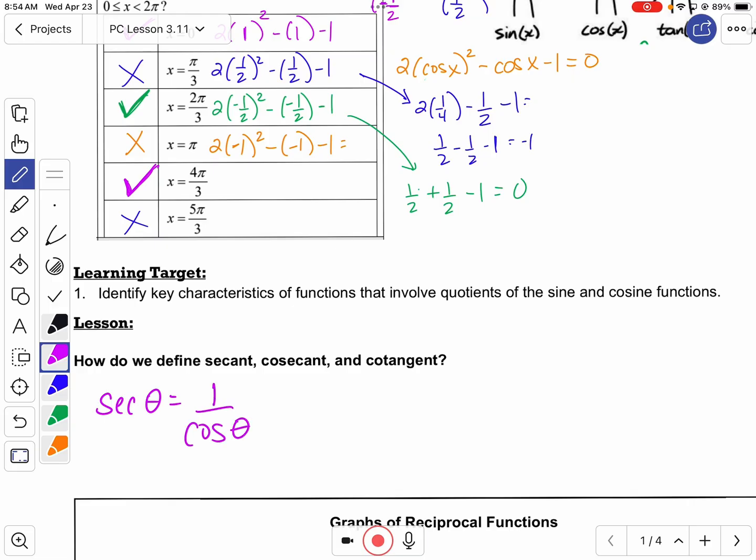Good. Okay. Yeah, reciprocal. Opposite would mean change a positive or a negative. Reciprocal means flip. That's good, I'm glad you said that. Okay. Cosecant would be 1 over sine. Cotangent. We could also write that as 1 over tangent or cosine over sine.